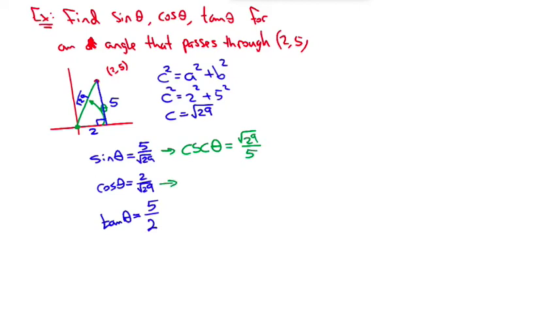The reciprocal of cosine is the function called secant of theta, which would be the square root of 29 over 2. Most people screw this up by going sine to secant, and that's not what happens. It's sine to cosecant. Tangent has its own fancy one, and no one messes this one up. It's called cotangent of angle theta, and it's 2 over 5.